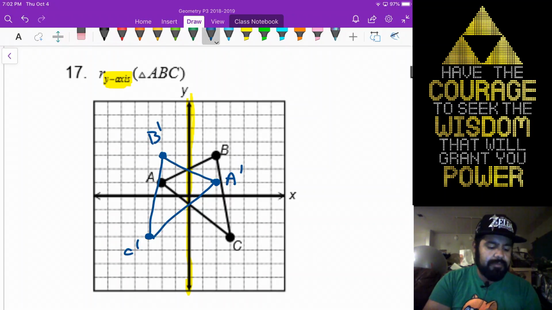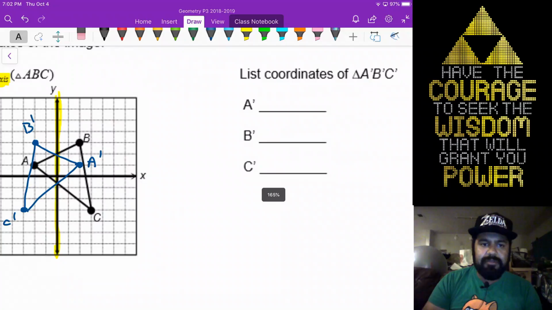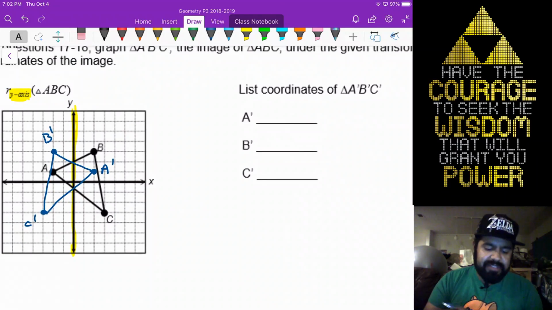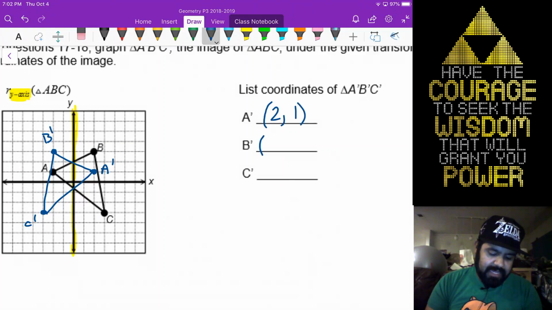And there we go. All we have to do now is write those coordinates. And part of that just kind of involves us counting. So we have a positive 2, positive 1, negative 2, positive 3, and lastly we have negative 3, negative 3.